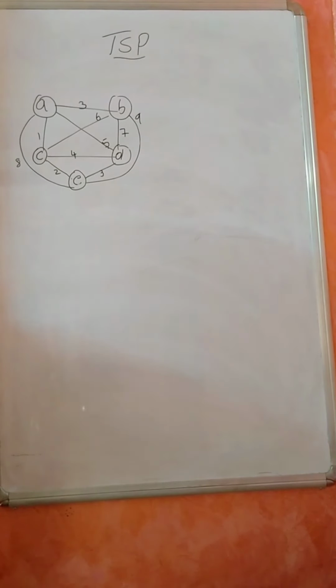Now we'll see how to solve the TSP using it. When we are searching for a least cost, least tour or least distance, we need to compute the lower bound. If we are searching for a maximum profit, then we have to compute the upper bound.